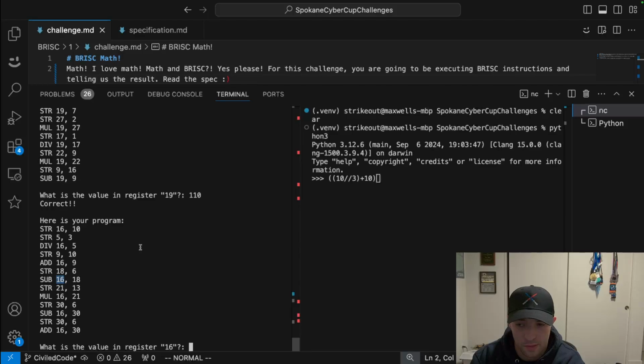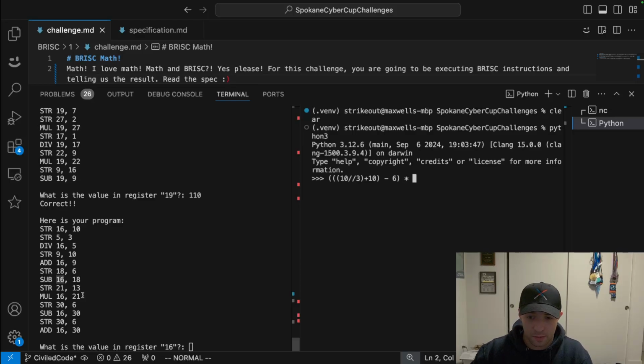So now we're doing the result minus 6. And then we're doing times that result times 13. So we're putting 13 into 21. So then we need to multiply it by what that value was. And then we're doing subtract 30.